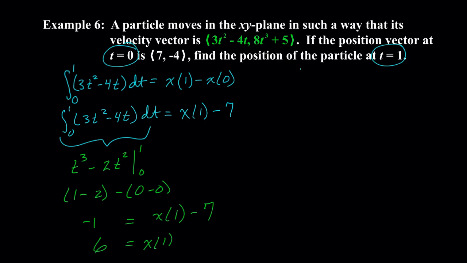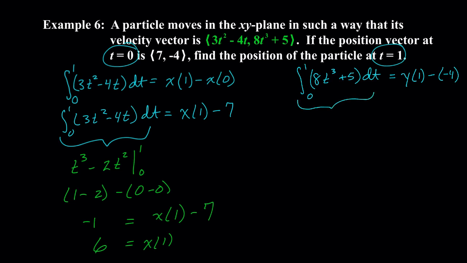So that means the integral of the y component, which is 8t cubed plus 5, between 0 and 1, would equal y of 1 minus y of 0. And y of 0 is negative 4.